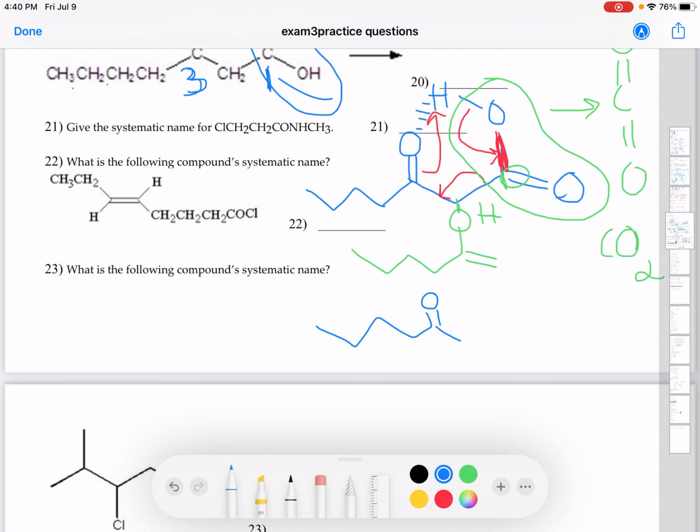So once decarboxylation takes place, you will have this as your product. 1, 2, 3, 4, 5, 6. Correct. So this is the product after the decarboxylation. Okay.